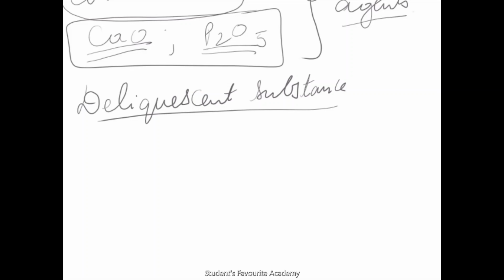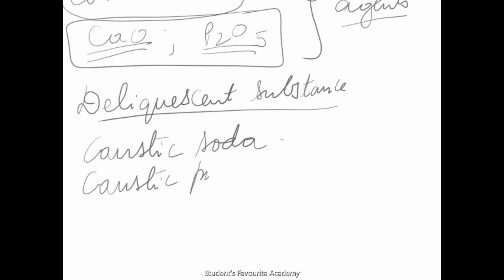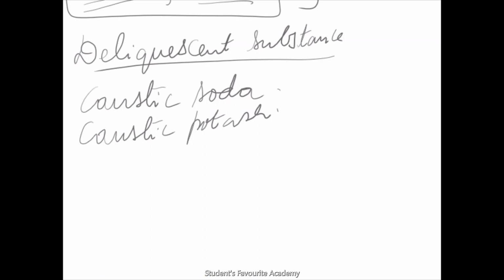So the examples of deliquescent substances are caustic soda, then you have caustic potash, magnesium chloride, zinc chloride. So all these deliquescent substances you have to store in airtight containers.